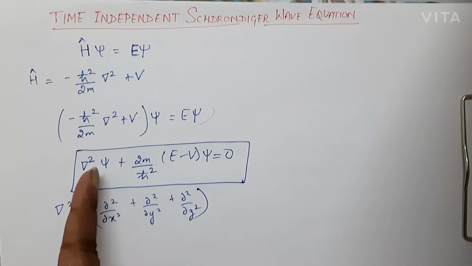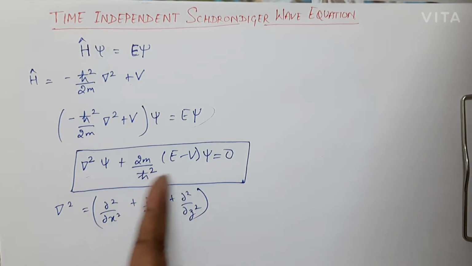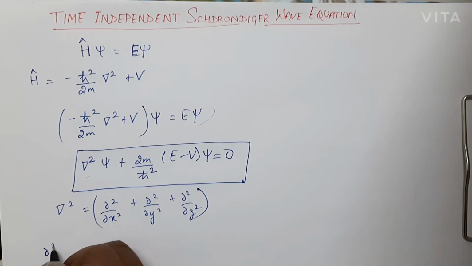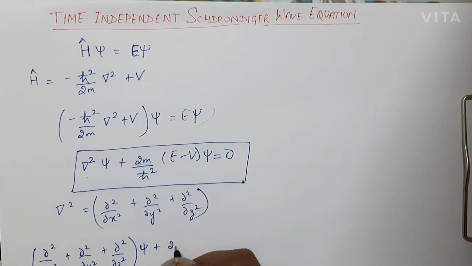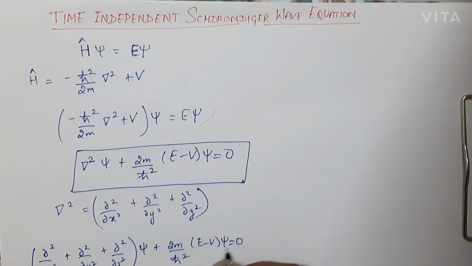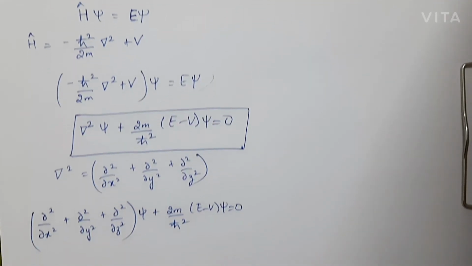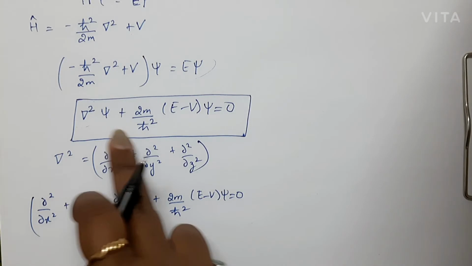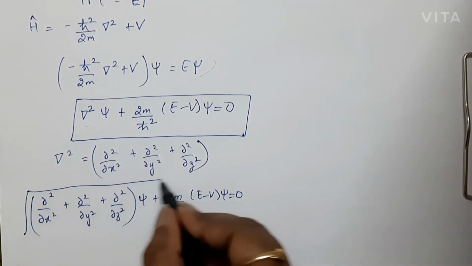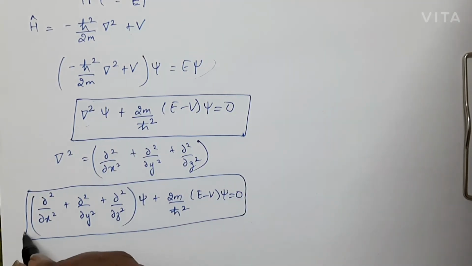So when we put the value of del square as this in this equation, what I'm going to get, now this particular equation, or you can say this equation, these are the equations for the time independent Schrodinger wave equation.